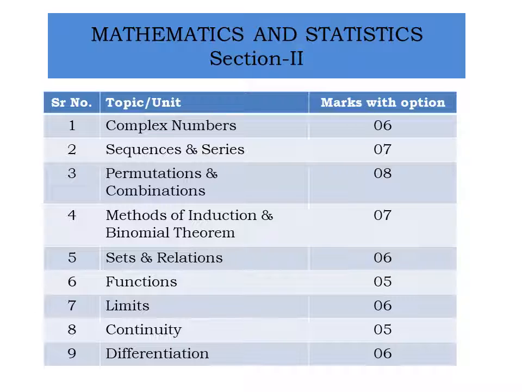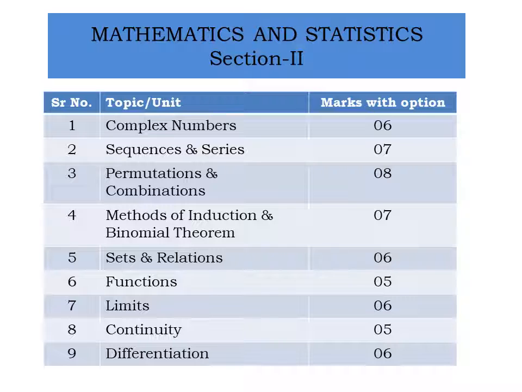In part 2, meaning section number 2, there are a total of 9 topics. First of all, complex numbers, sequence and series, permutations and combinations, methods of induction and binomial theorem, sets and relations, functions, limits, continuity and differentiation.